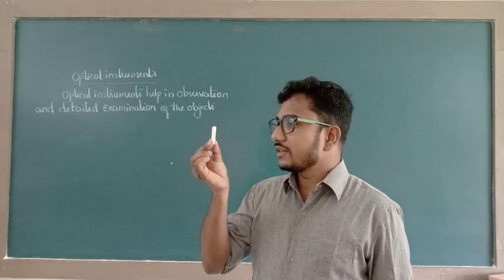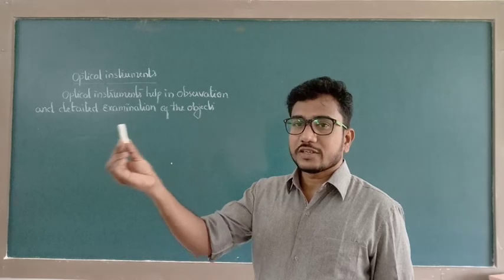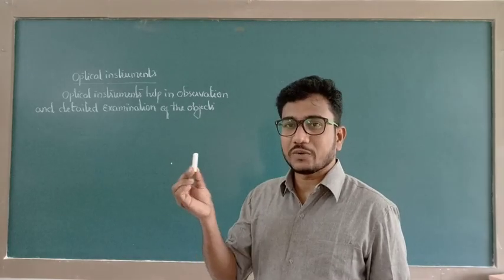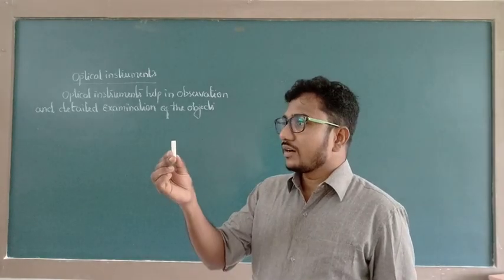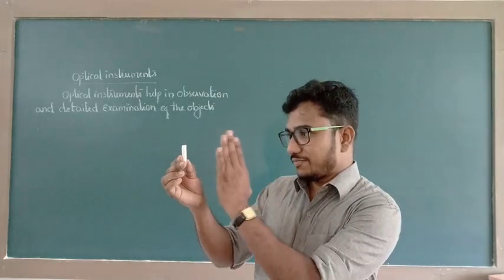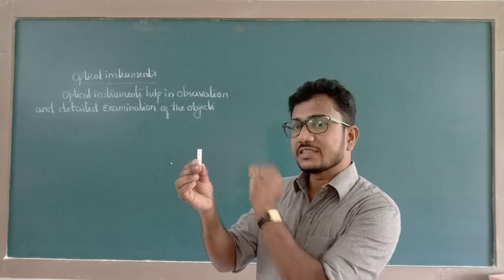Up to a certain position, I am able to see this object clearly without any strain. Then up to what minimum distance can we observe this object clearly without any strain?